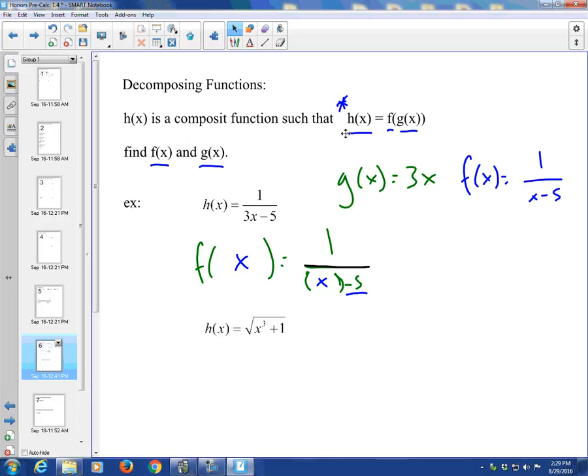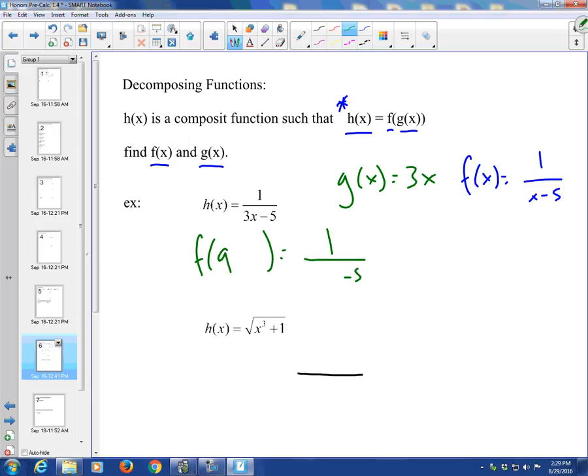Now this isn't our only option for our g of x here. We take all this out and set this up again. We could say we've got g of x in there again, and here's our 3x. We could say that g of x isn't just the first thing that's happening to x, it's also the second thing that's happening to x. So we could say that it's the first two operations that are happening to x.